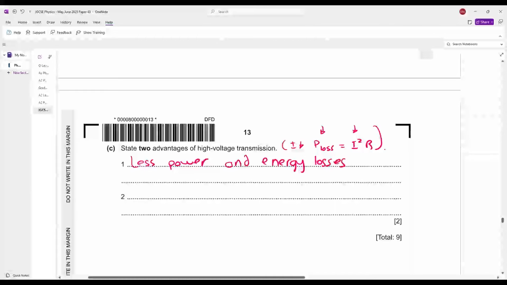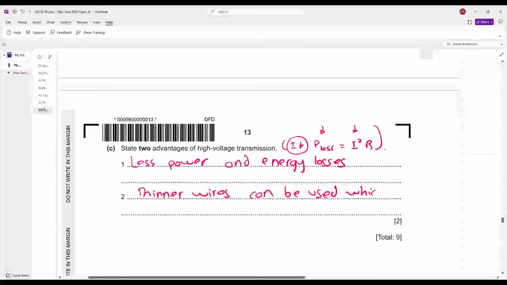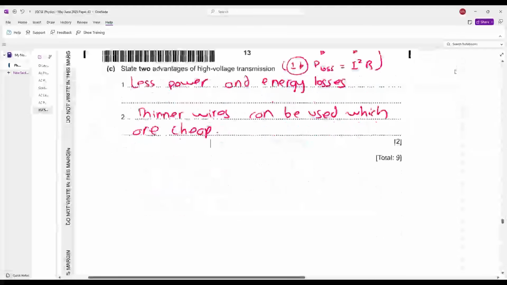Okay, what will be your second advantage? अगर बेटा आपका करंट कम हो रहा है, thinner wires can be used which are cheap. Simple. Let's further move ahead. आगे बढ़ते हैं.